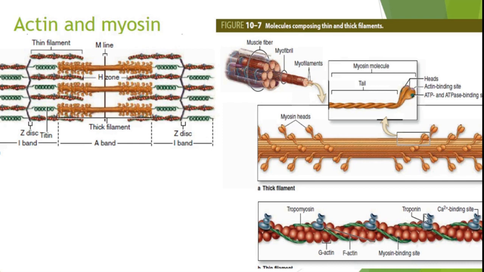Ulitin ko ha. The two regulatory protein in thin filaments, you have tropomyosin and troponin. So, sa troponin, meron tayong iba't ibang types. You have the troponin T, troponin C, and troponin I.